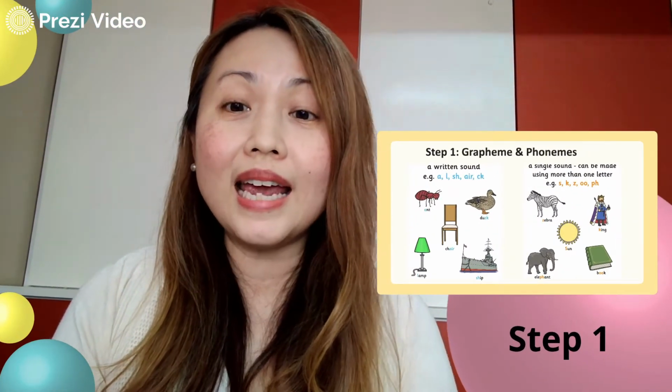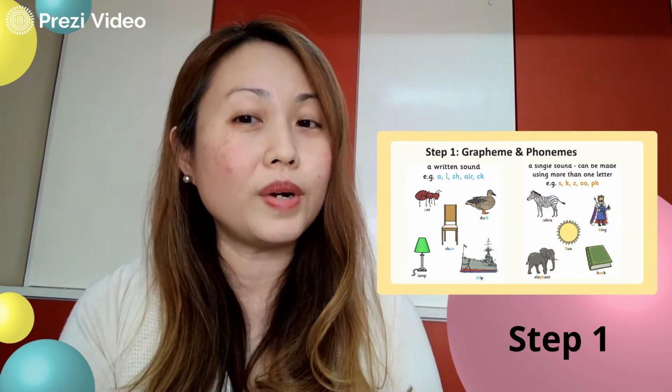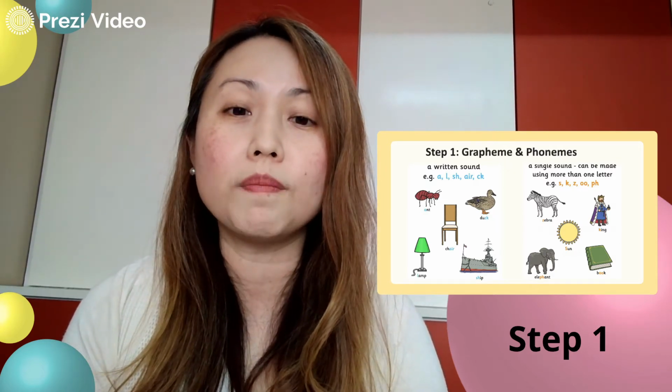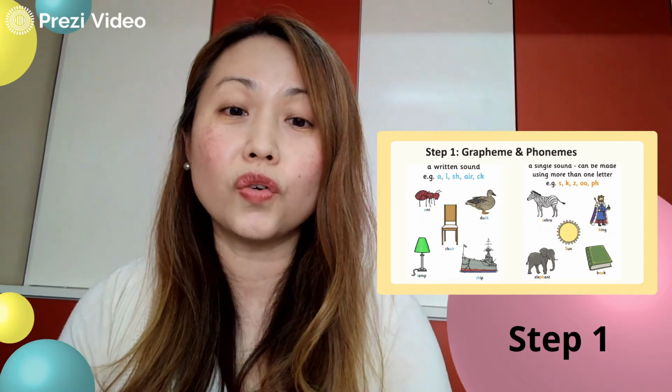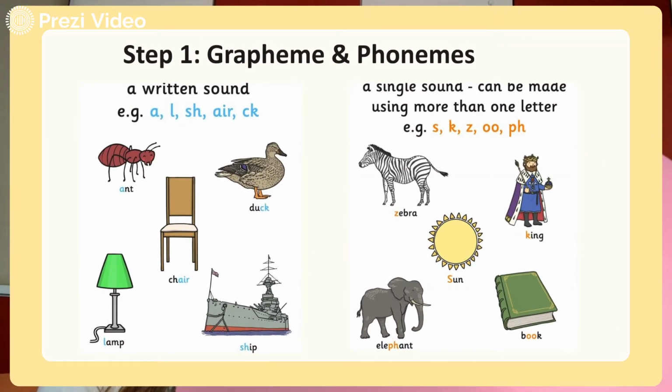So in stage 4, we have broken it down to 3 easy steps. So a quick revision would be for your child to remember what is grapheme and phonemes. So for example, they will go through sounds such as up to k, and single sound phonemes.